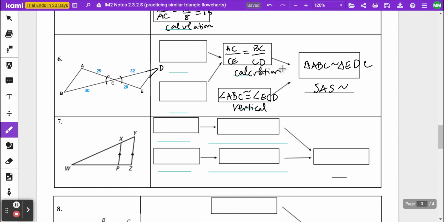Let's check that those side pairs are indeed proportional. All right. AC over EC equals 25 over 20, which is 1.25.